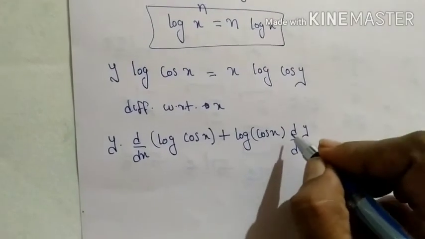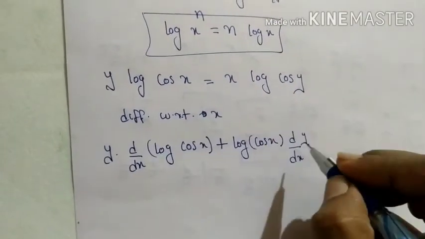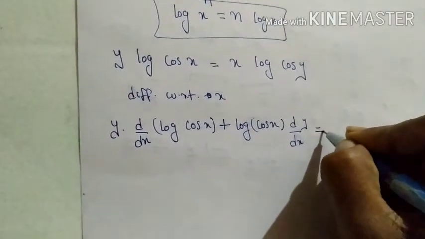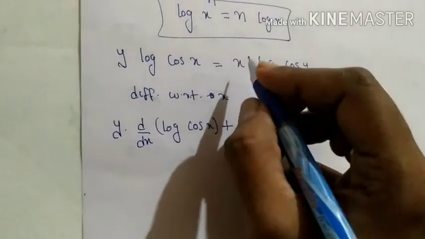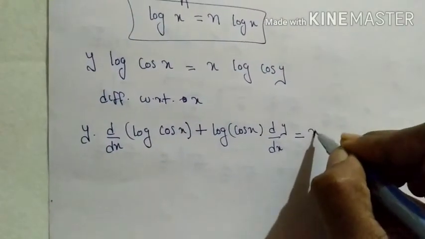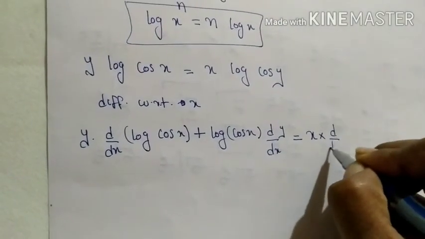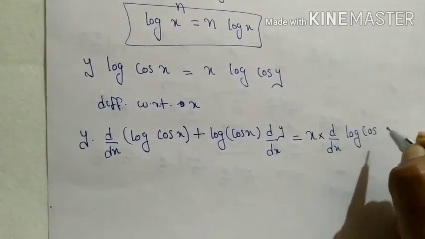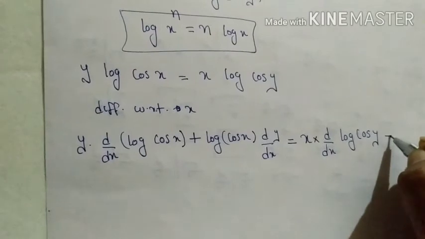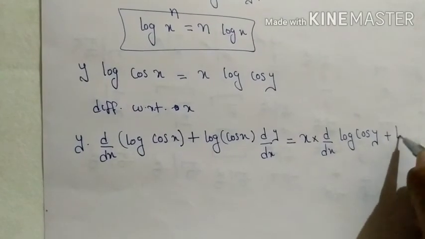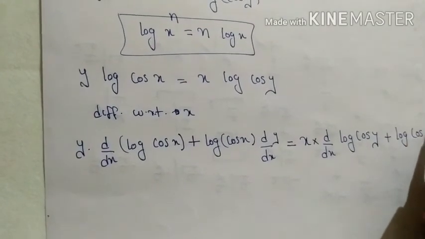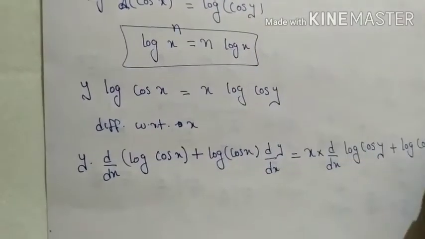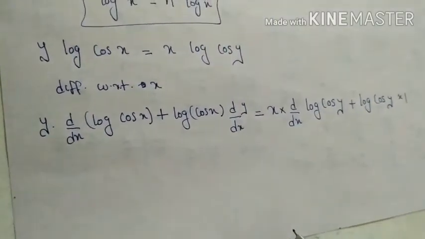Derivative of first function is y, so derivative of first function means dy by dx, equal to x into derivative of second function, that means log of cos y, plus second function into derivative of first function. Derivative of x means 1.